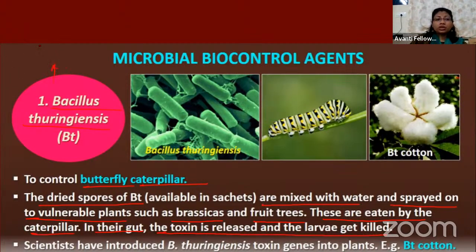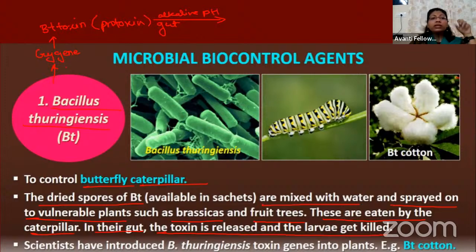The Bacillus thuringiensis has a gene that is known as the cry gene, and that cry gene makes a toxin that is known as BT toxin, which is initially a protoxin that is inactive in nature. But on reaching the gut of the insect, it gets the alkaline pH, and under the alkaline pH, this BT toxin gets activated.